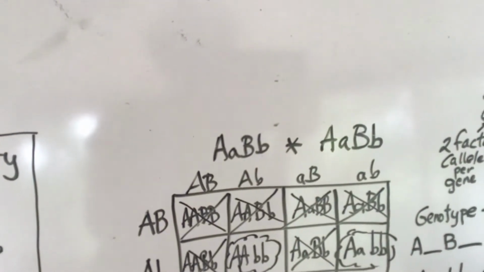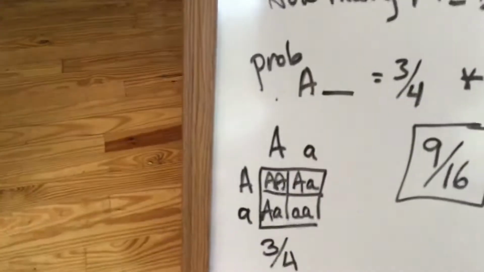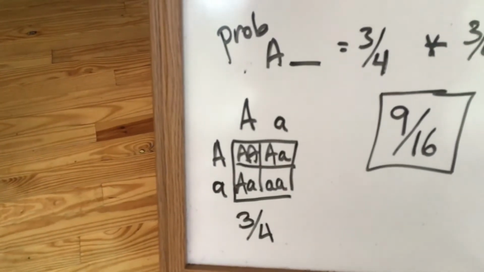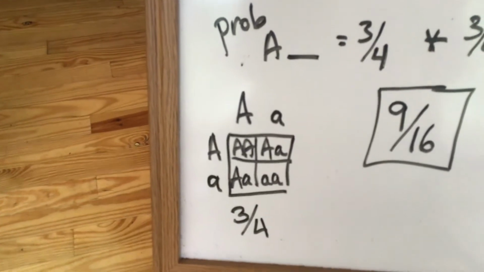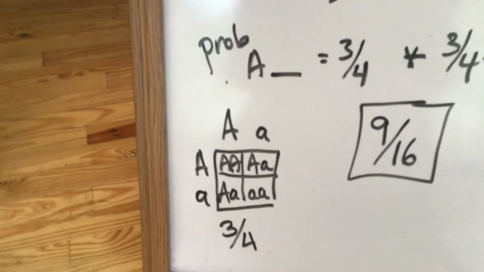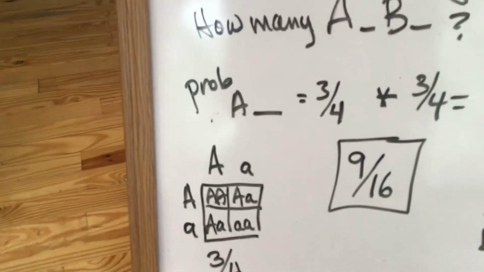So I have to do a Punnett square for just A. Down here you can see I have capital A little a times capital A little a. If I wanted to know how many capital A somethings, I would get 3/4 probability for that.